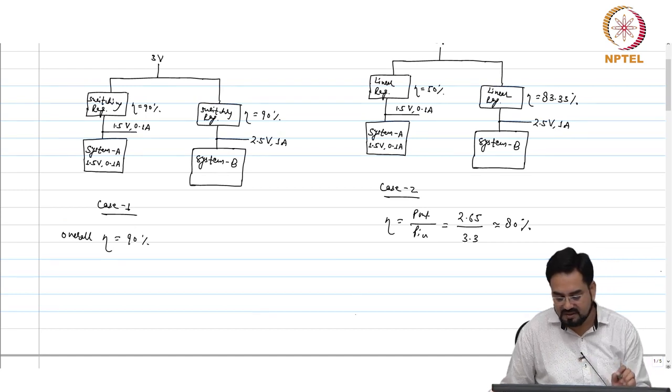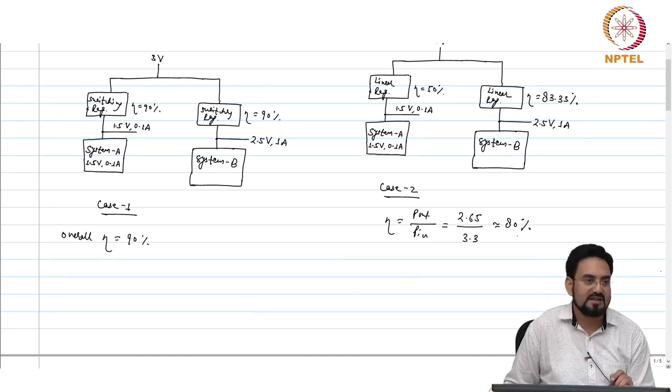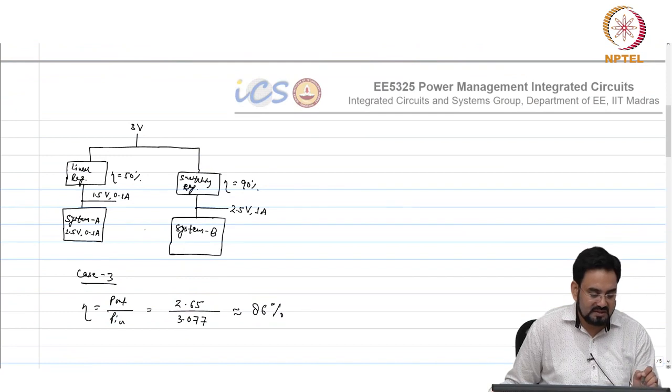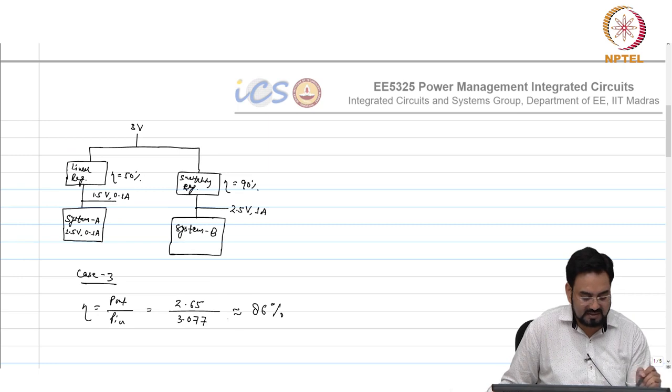When you use both switching regulators, your impact is 10%. When this 100 milliamp supply is generated by a linear regulator, and the 1 amp supply is generated by your switching regulator, then the impact is only 4%.